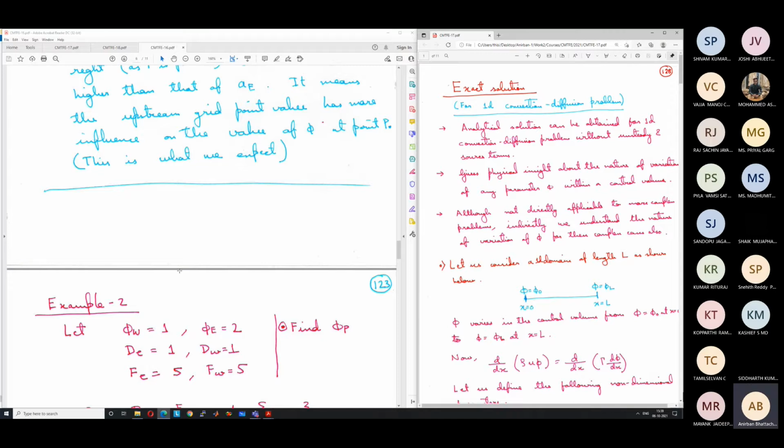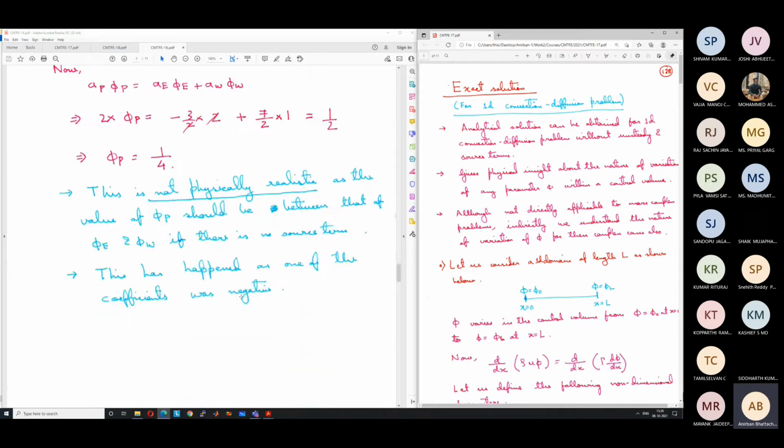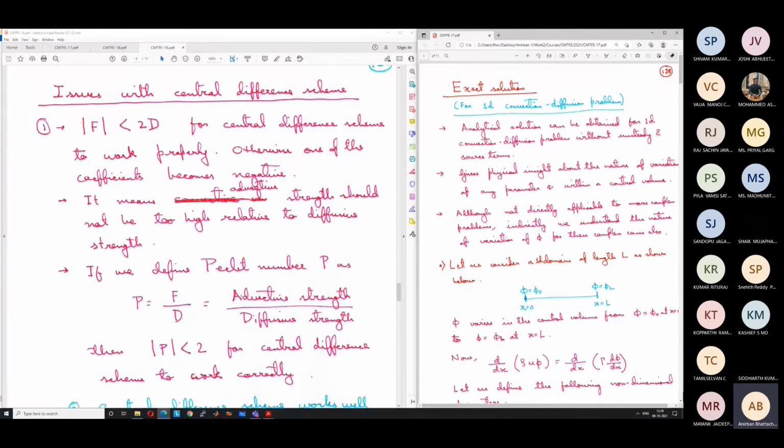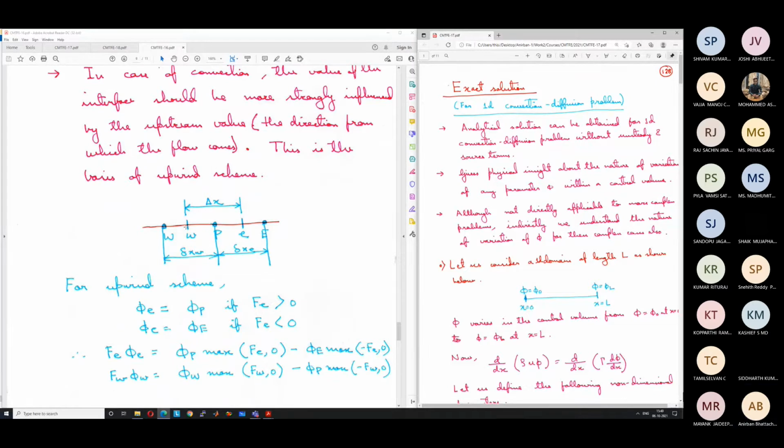Then to avoid those problems, we came up with another idea where we assume that the value at these interfaces is directly influenced by the direction of the flow. If the flow comes from the left to the right, this value will be equal to the value at W. And if the flow comes from the right to the left, this value will be directly equal to the value of P, for the calculation of the flow term, not for the diffusion term.